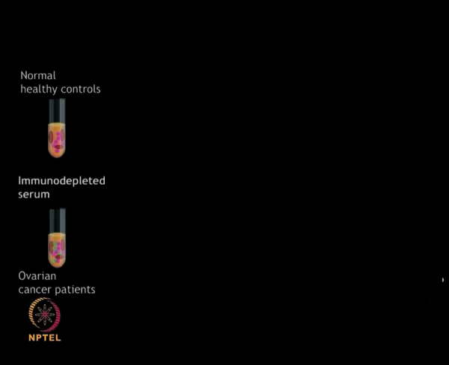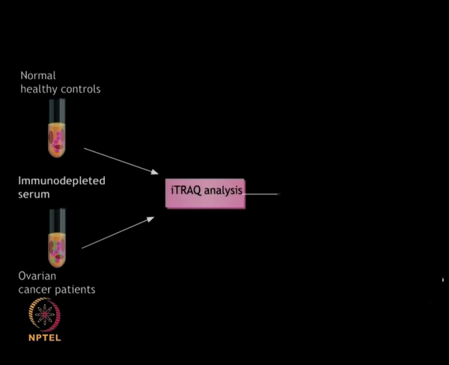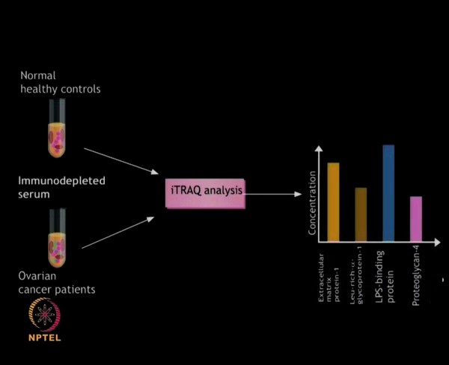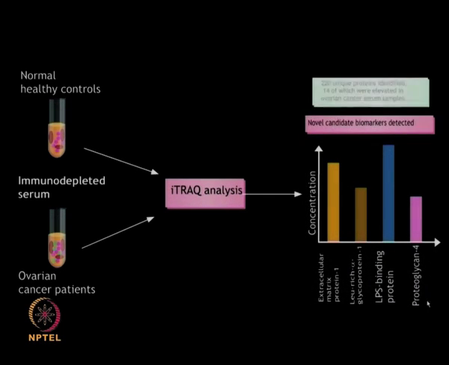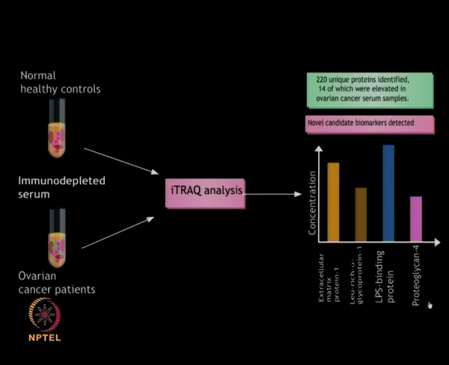The immunodepleted serum samples were then labeled with iTRAQ reagents and further analyzed in MS/MS. The authors detected a total of 220 unique proteins, of which 14 were found to be elevated in ovarian cancer serum samples as compared to the healthy controls, and 4 novel candidate biomarkers were reported for the first time.